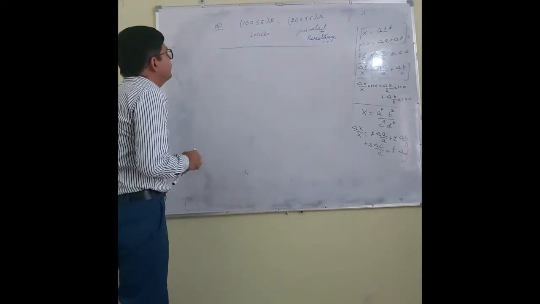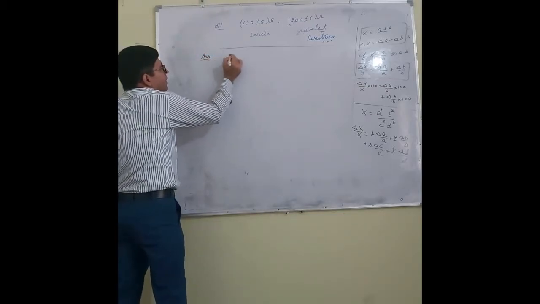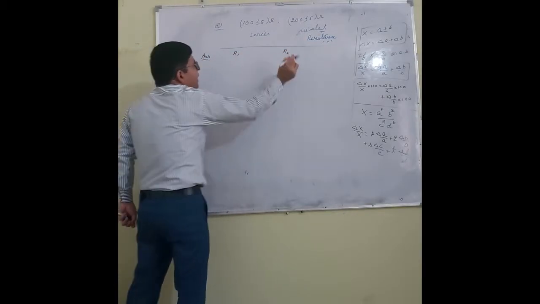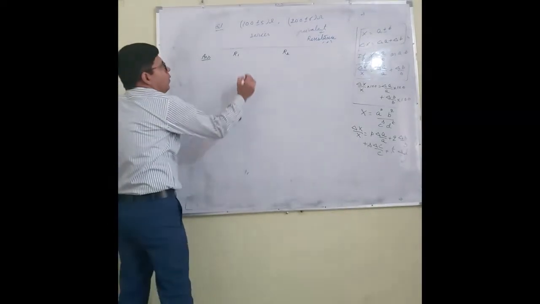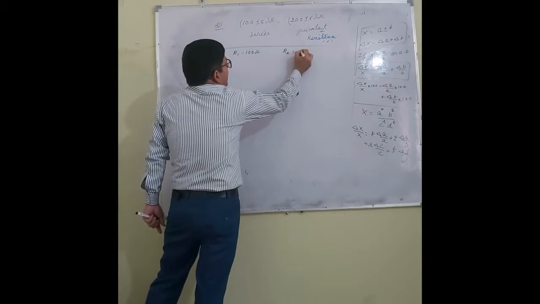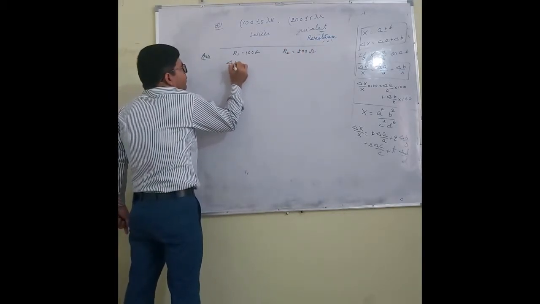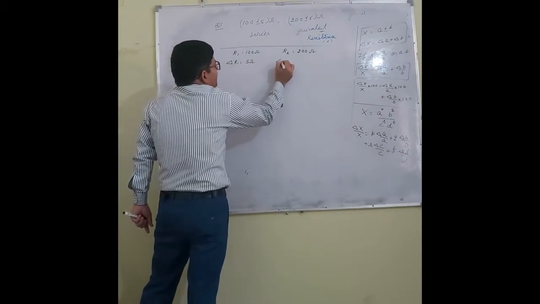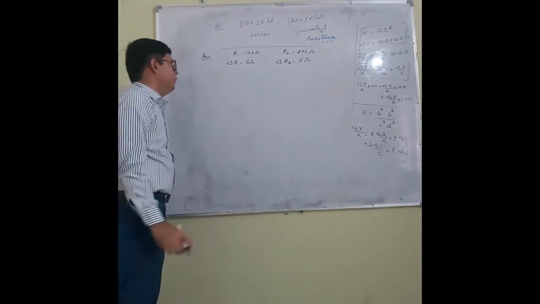Let the resistances be R1 and R2. Here R1 is 100 ohm and R2 is 200 ohm, the absolute error in R1 is 5 ohm, and the absolute error in R2 is 6 ohm.